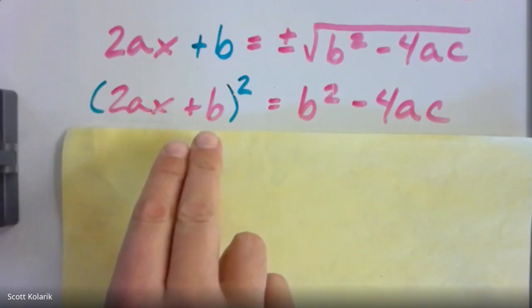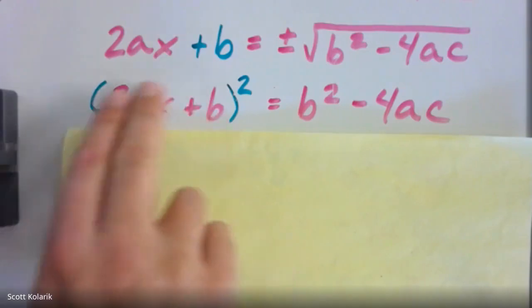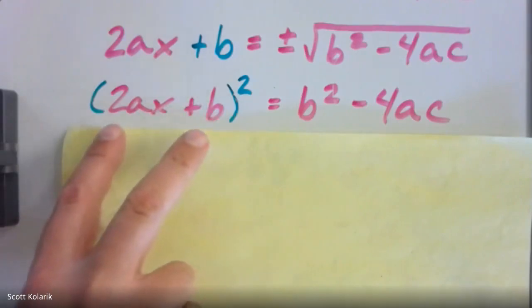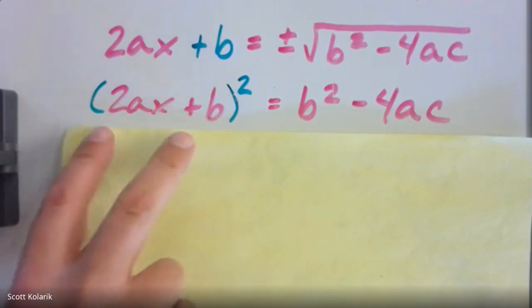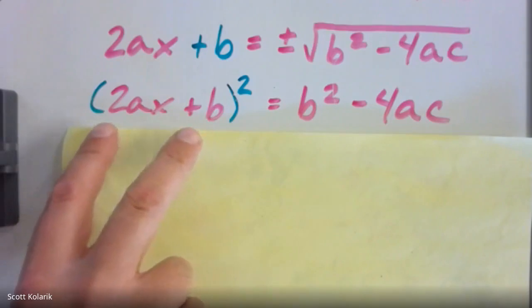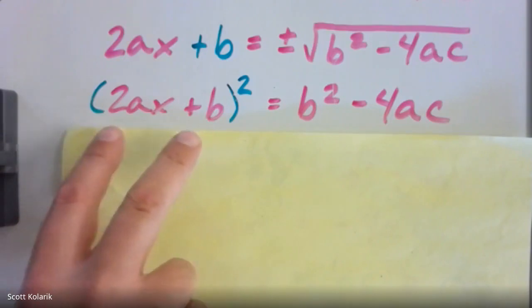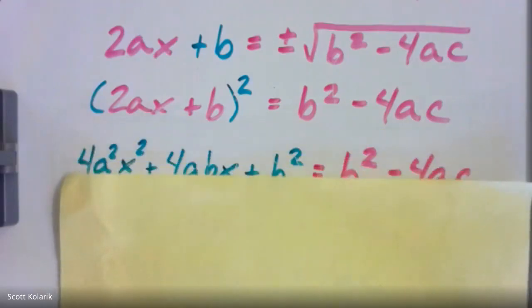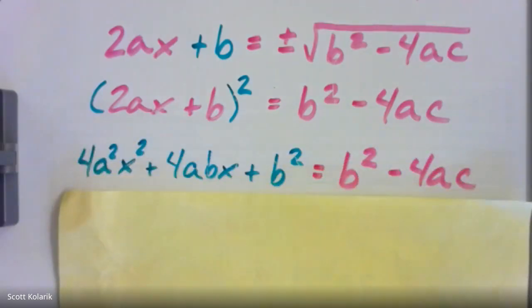This is just going to be like what we did in chapter 2, where now I'm taking some binomial, and when I square it, that means I'm taking that 2ax plus b and multiplying it by itself. And so 2ax plus b times 2ax plus b. I'm going to skip through a little bit more of the intricacies there, but this is the result that happens when I distribute and collect like terms.